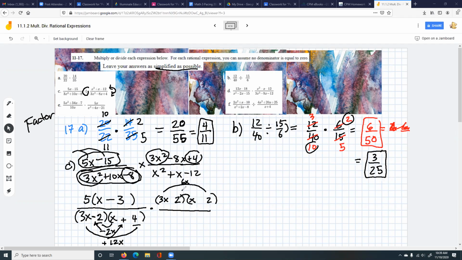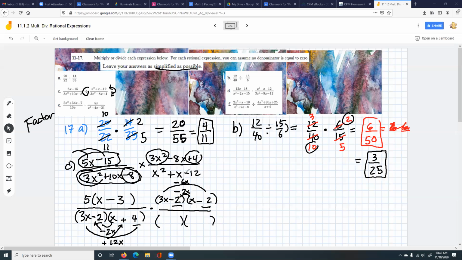I knew this needs to be a 2x to make negative 8x. Well, if I need it to be negative, this has to be negative and that has to be negative, right? So they both have to be negative. So it doesn't really matter where I put it because they're both negative. And a negative times a negative, 2 times negative 2, gives me my positive 4. So that tells me it's correct. I didn't have to use diamonds. You could do this in your head.